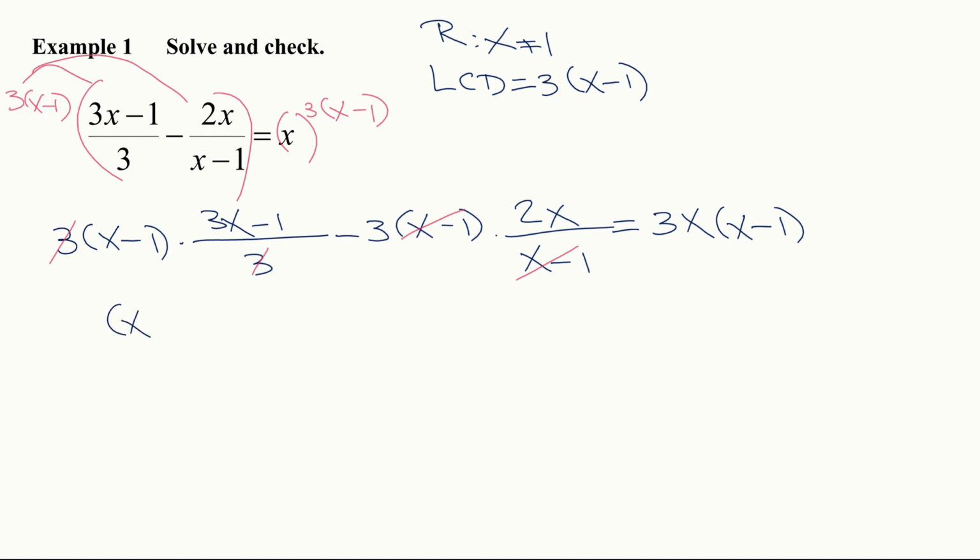So we have x minus 1 times 3x minus 1 minus 3 times 2x equals, let's go ahead and distribute that, so that's 3x squared minus 3x.